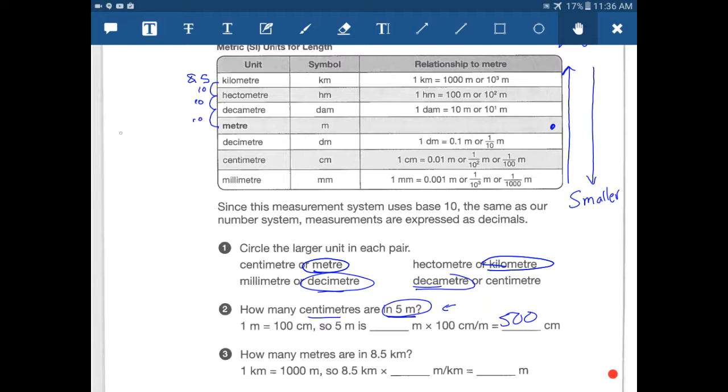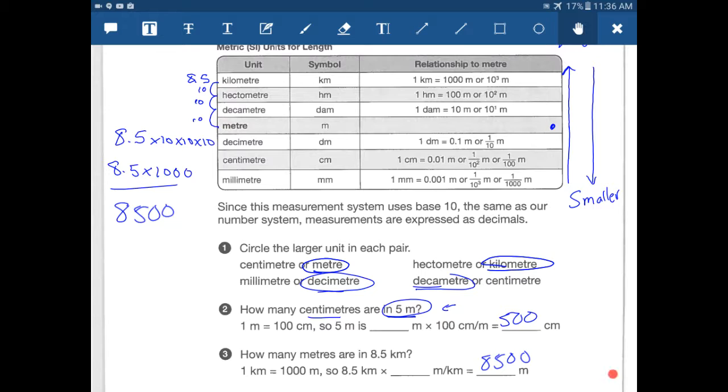So that's like saying 8.5, and because we are going down, times 10 times 10 times 10. Another way of writing that would be 8.5 times 1,000. So if you have 8.5 kilometers, how many meters do you have? It should be 8,500. And I'll just put that in here.